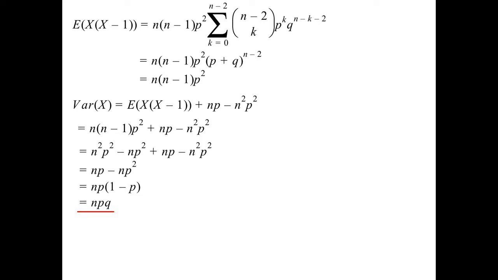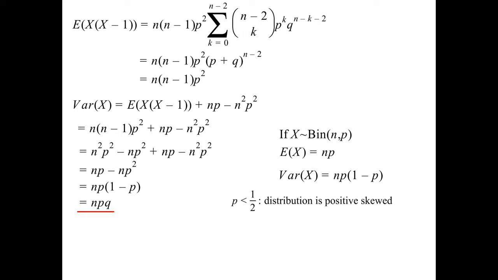So let's summarize that. If X is binomially distributed, so BIN for binomial, the two pieces of information we need to know is n, the number of times we're doing it, and p, the probability of success. We know the expected value will be np, the variance would be npq, well, instead of saying npq, I'm saying np times 1 minus p.